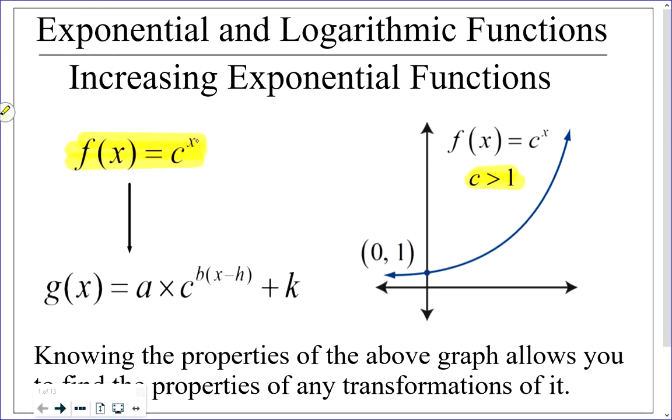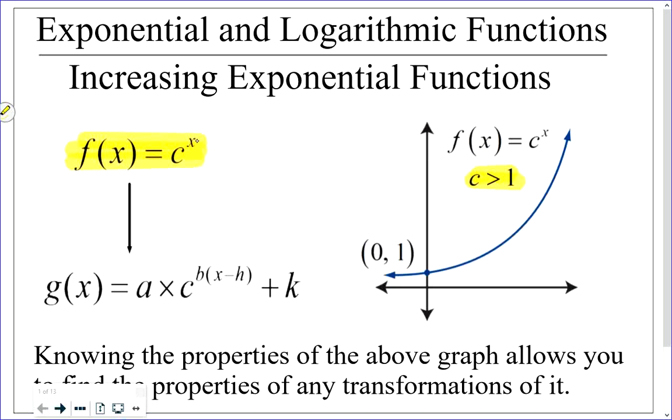The things that we learned were that the y-intercept of that function was 1. There's a horizontal asymptote on the x-axis, which I'm not showing here, but that's okay. You know it's there. And it's an increasing exponential function. It's a growing exponential function. Whenever you talk about whether an exponential function is increasing or decreasing, you're talking about what's happening to y as you go left to right.